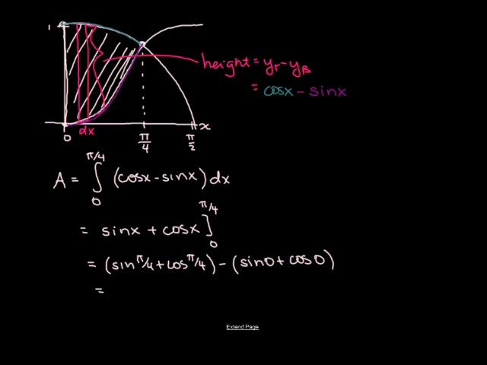And now plugging in our values for these, sine of pi over 4 is square root of 2 over 2, plus cosine of pi over 4, square root of 2 over 2, and then minus sine of 0, so that's going to be 0, and then cosine of 0 is 1.